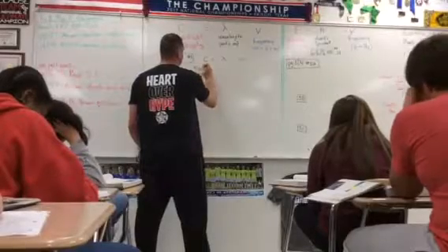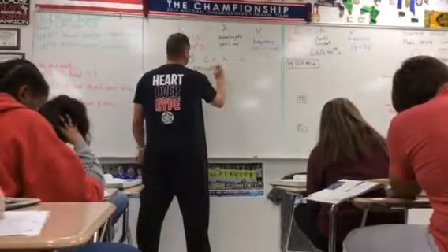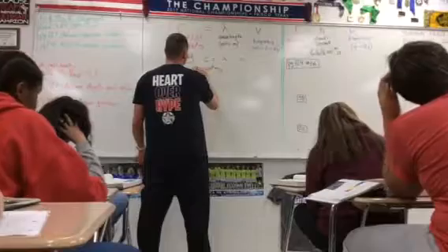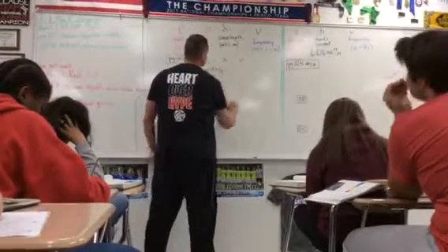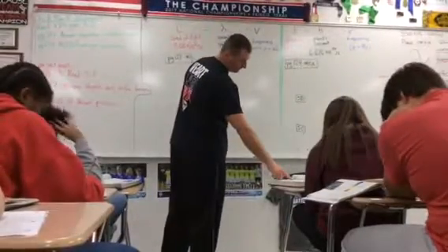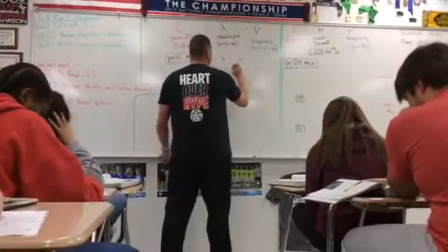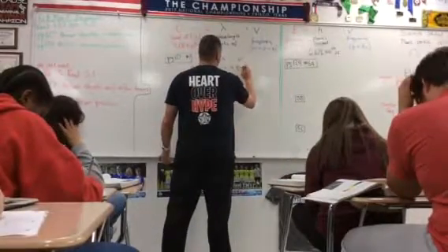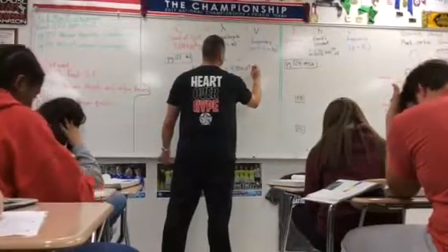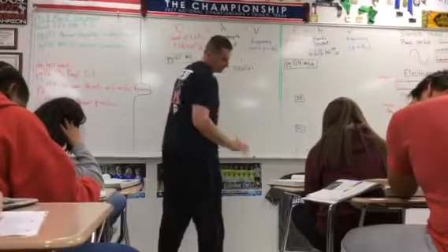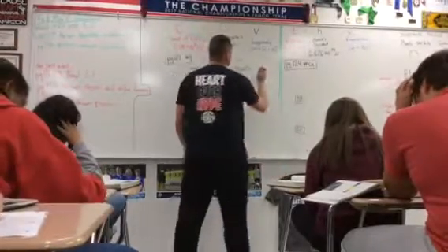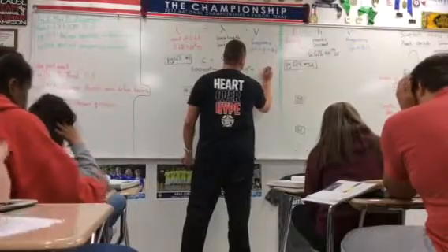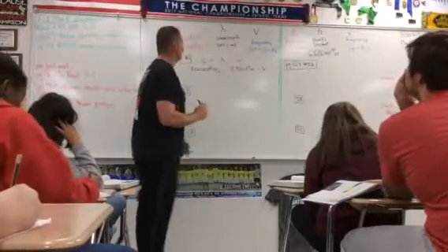It's 3.00 times 10 to the 8 meters per second. And it just gave us the wavelength, which is 4.90 times 10 to the minus 7 meters. Okay? And it's asking me for the frequency.